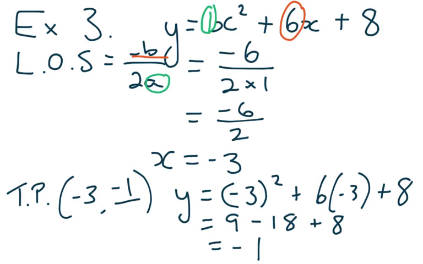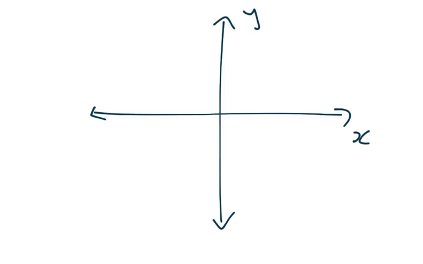So we've got our turning point at -3, -1. So we label those two things, and we put a dot there where the turning point would be. Our y-intercept is at 0, 8, so we label 8, and we put a dot at 8 as well.